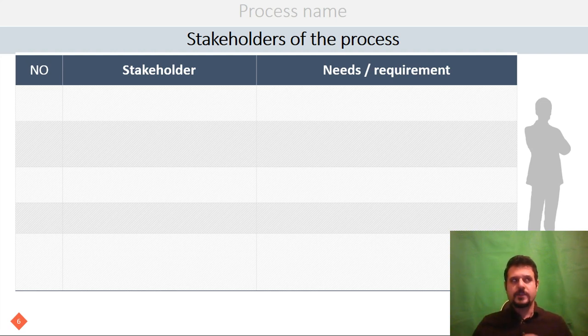If not, we should think about how we can meet these needs or requirements through the processes. Should we, for example, add some tasks through the processes? Should we remove some tasks? Should we change how the activities are done through the processes or not? This information is very essential for us for the process analysis.